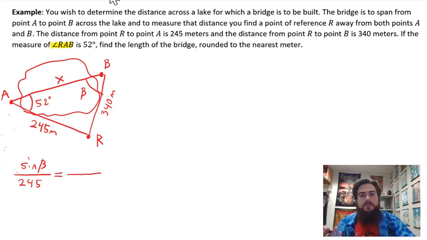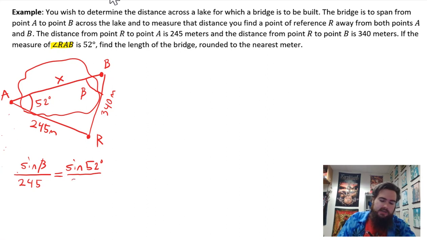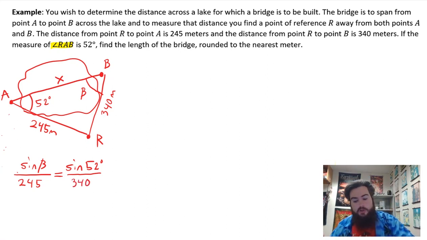If I want to solve for beta, I want to set this up equal to a ratio that is completely filled out. So that is where A comes in, because we know the sine of the angle measure at point A is 52 degrees. And the side length across from 52 degrees, we know, is 340 meters. We should be able to solve for beta there.